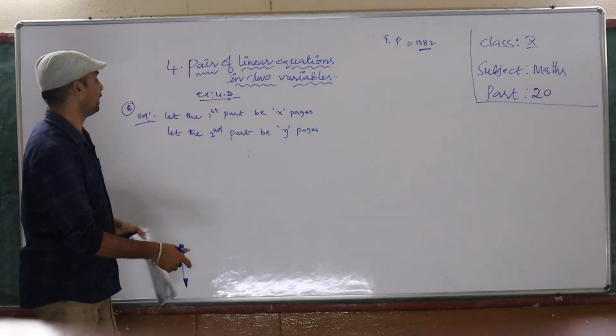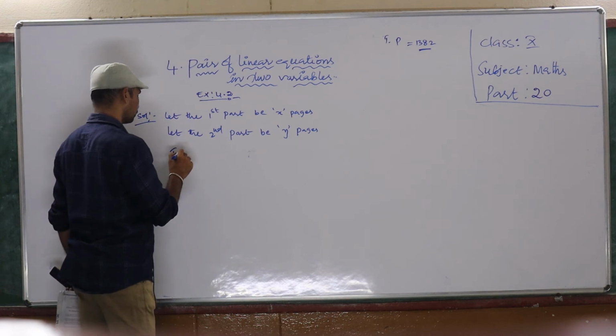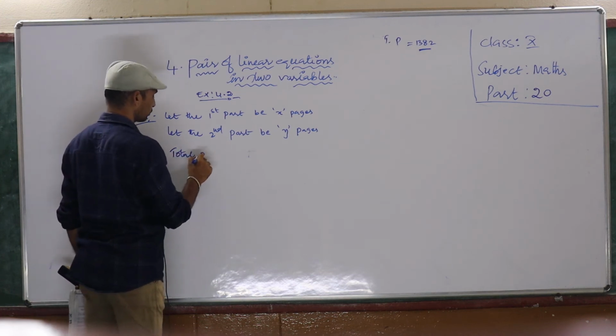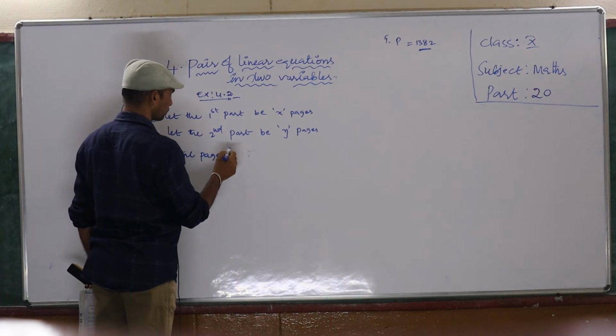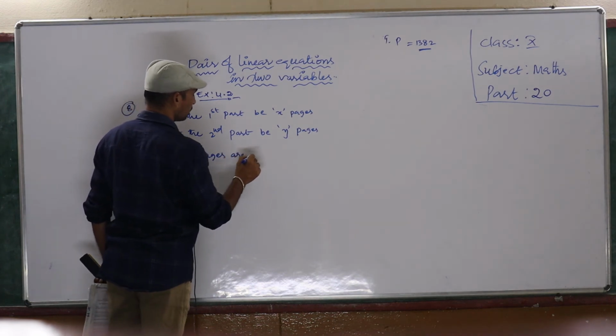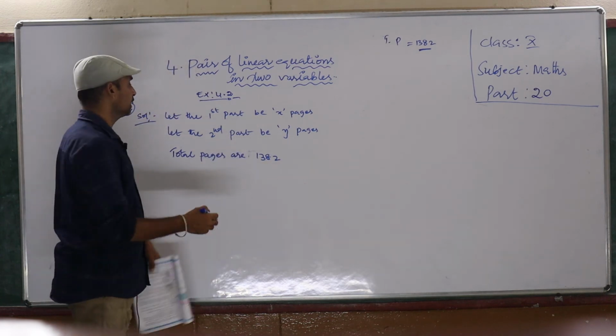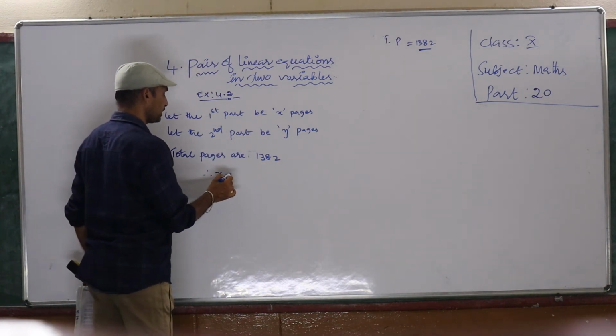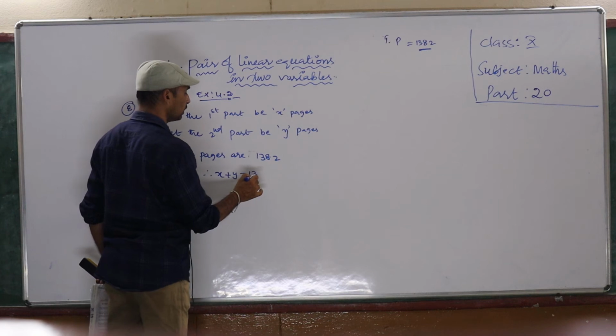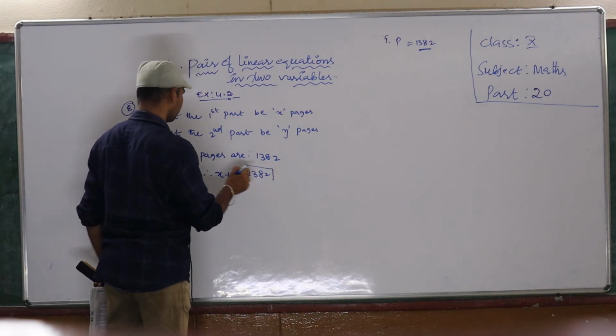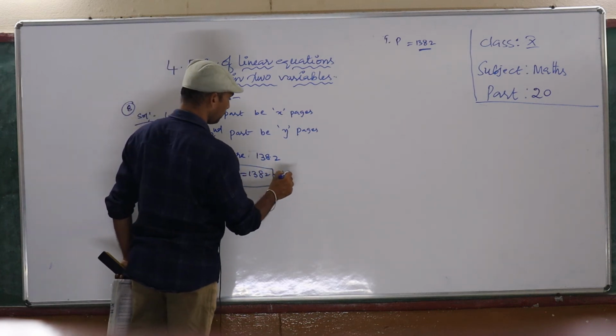The total pages are 1382. Yes, children? So according to this, x plus y is equal to 1382. Equation number 1.